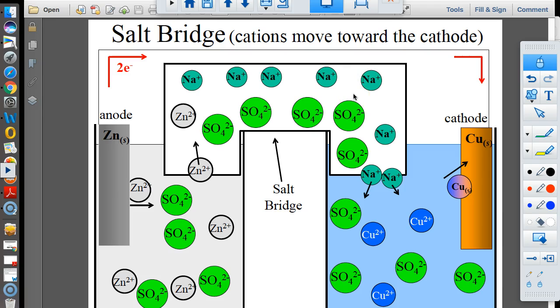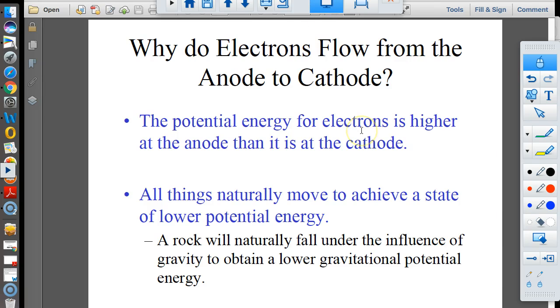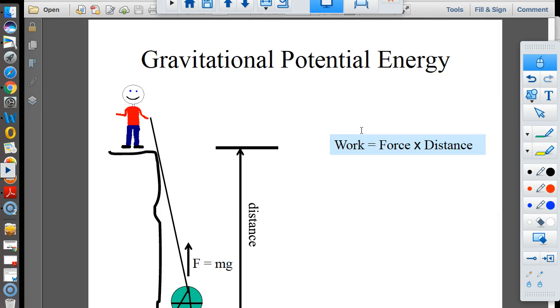Voltage is like density. If I have a tiny piece of gold or a giant piece of gold, the density doesn't change. Likewise, if I had a 9-volt battery, it doesn't matter if that battery is this big or this big, the voltage is still 9 volts.